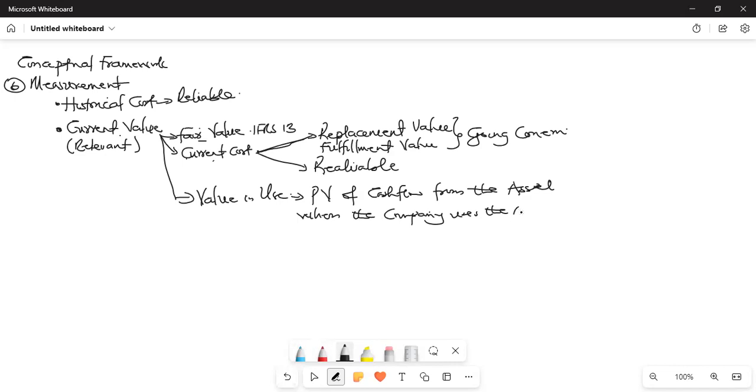So now, these are the three current valuation that you can do. Of course, it is at that point we learn something about those things that we used to do under current cost.